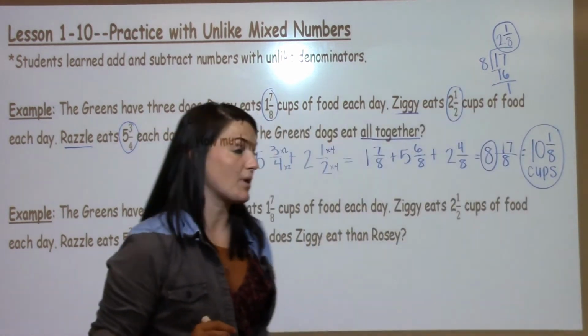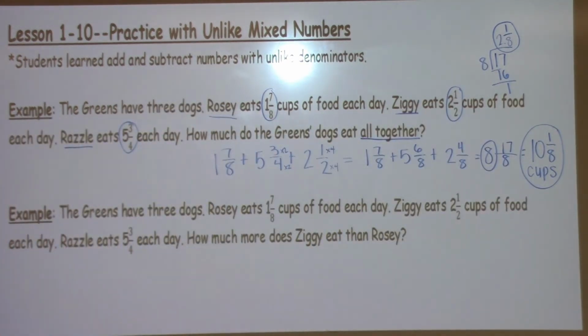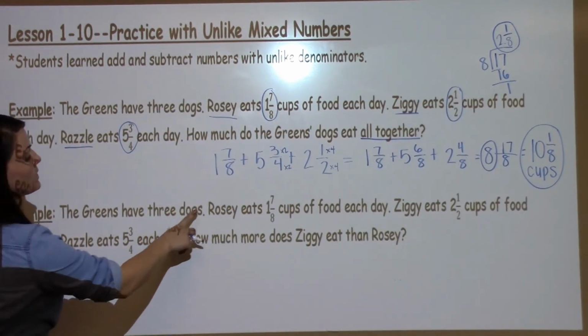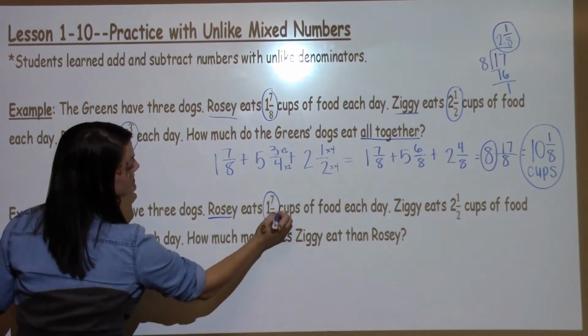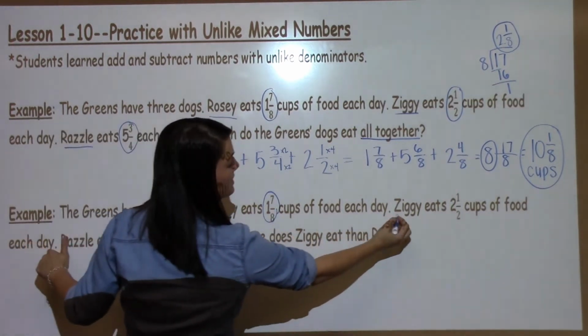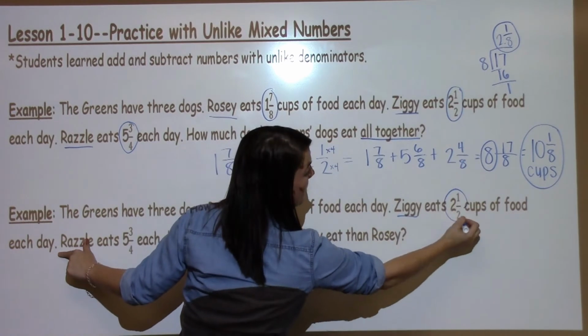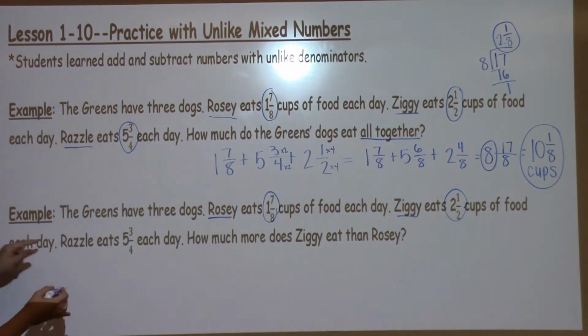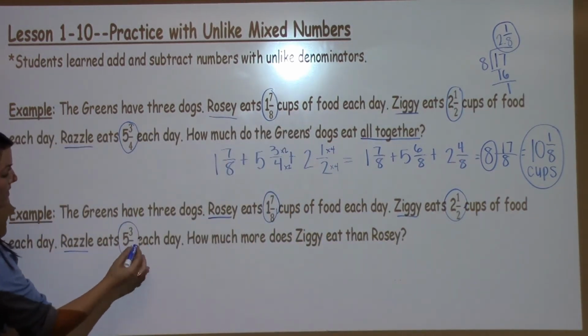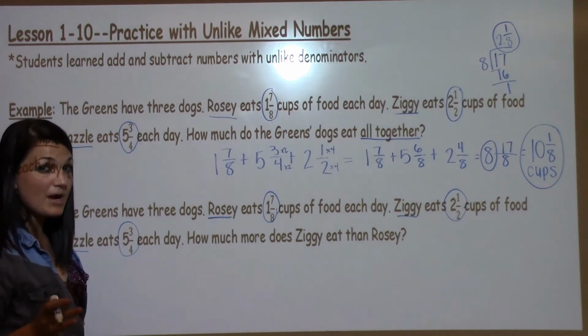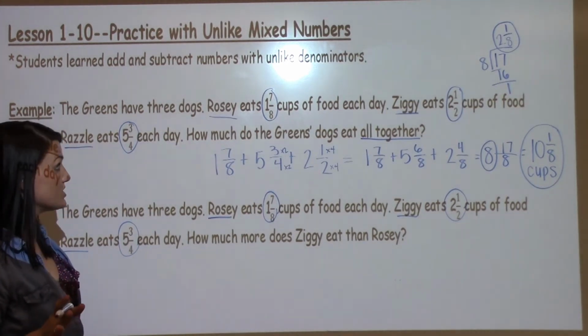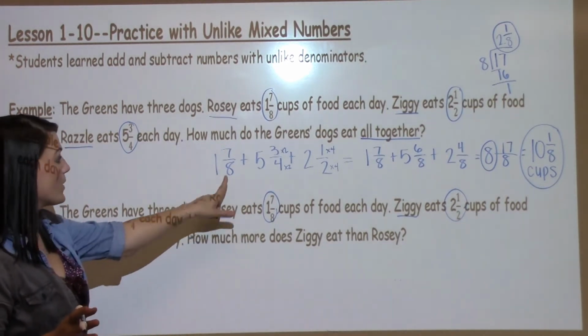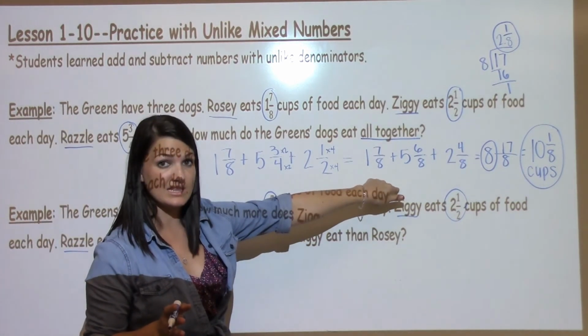All right, the next problem says the Greens have 3 dogs again. We've got Rosie with 1 7/8. This seems familiar. Ziggy with 2.5. And Razzle with 5 3/4. Now, when you come across a problem like this, you should be doing a happy dance because we already figured out how to make these the same.